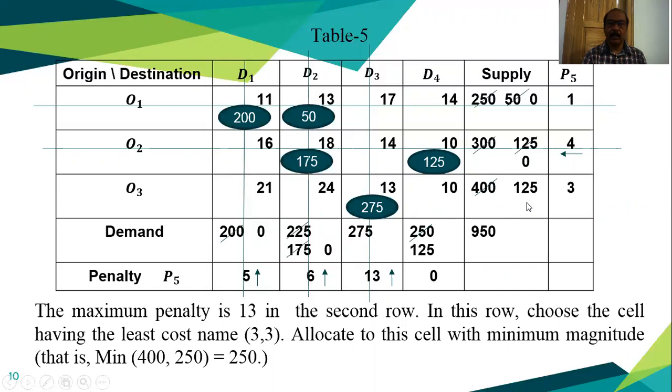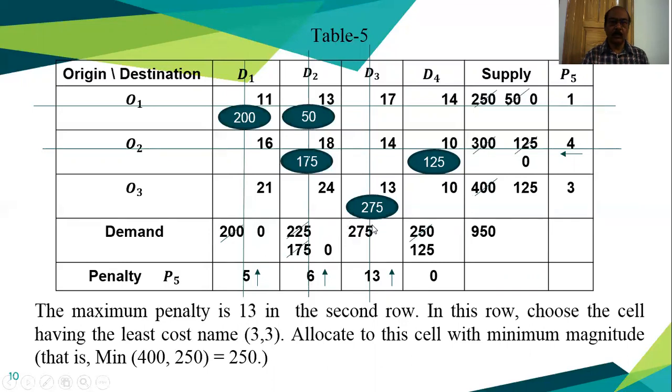And after allocating the 275, demand becomes 0. 275 is exhausted, so after exhausting, it should be crossed out. And how much is left? 0 will be left.